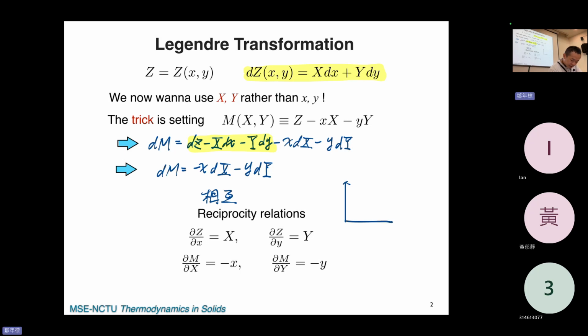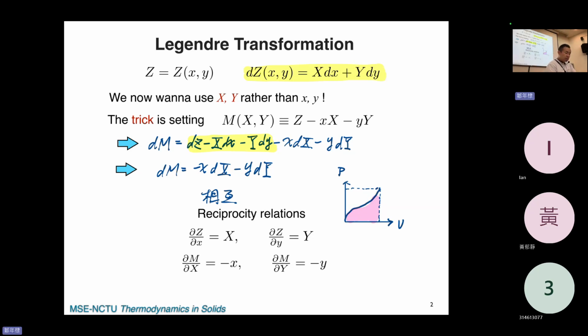A very straightforward, simple example is a plot where you change the V and see the change of the pressure.